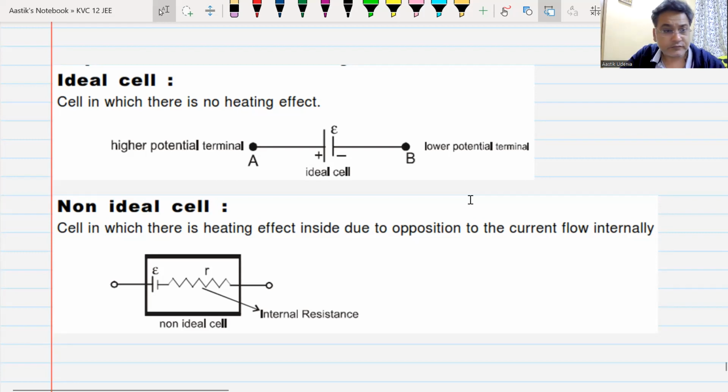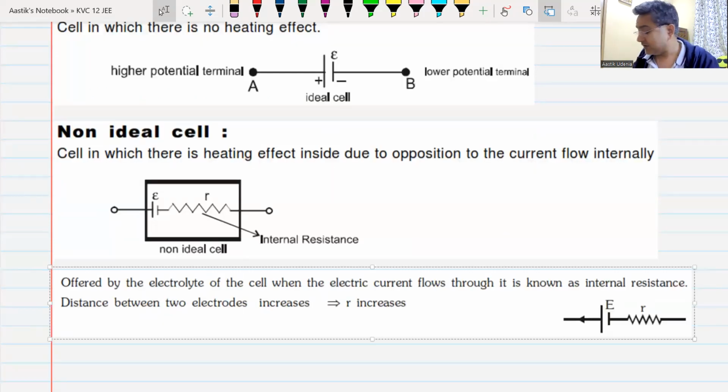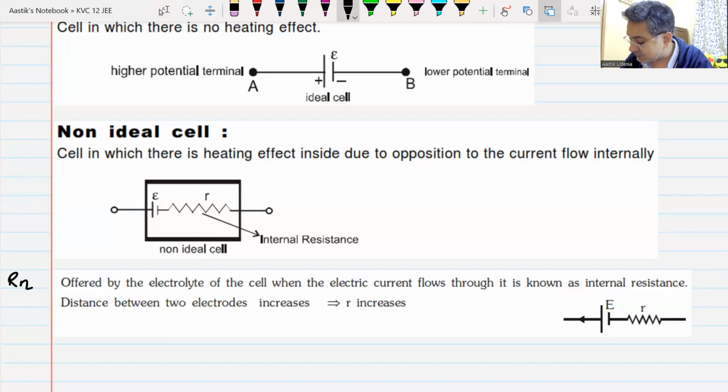Yes, sir. Okay. What is the internal resistance of a battery or a cell? Internal resistance of a battery or the cell is the resistance offered by the electrolyte of the cell when current flows through it. And this is how you represent a battery with an internal resistance.